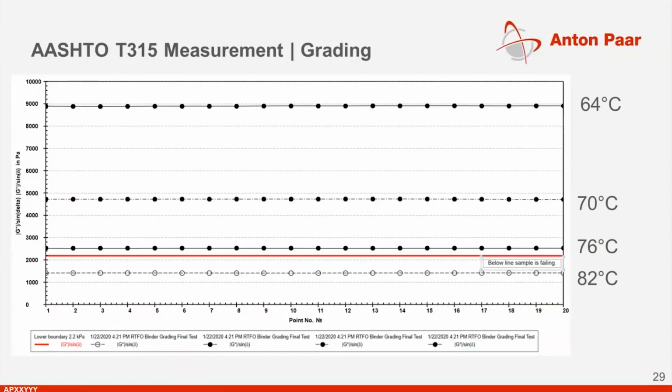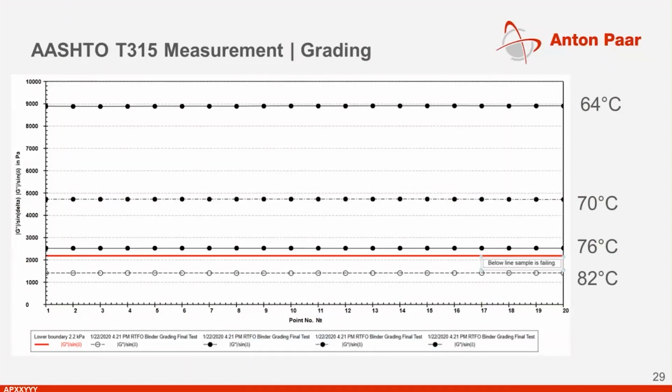This procedure repeats until the fail criteria is reached, in this example 2.2 kilopascal. And we can see that this binder is failing at 82 degrees C. For grading testing, the test temperature is varied to determine between which two temperatures the sample moves from pass to fail or vice versa, and the pass-fail temperature is calculated. This is done automatically by the software.